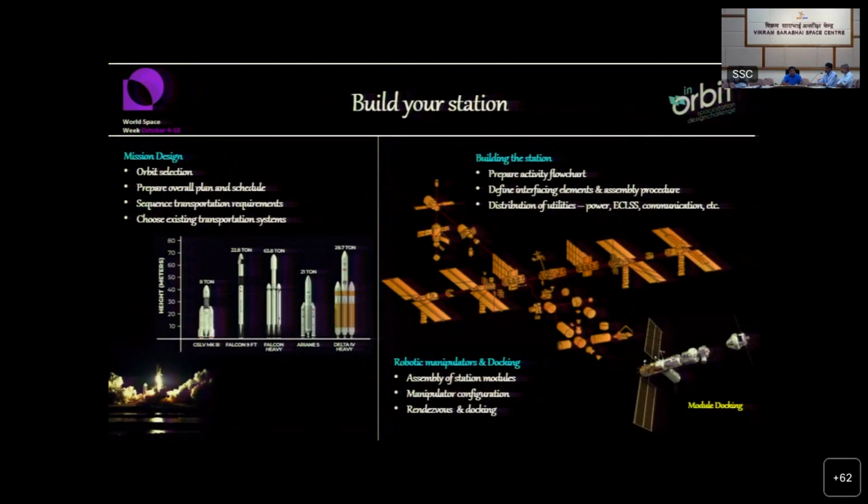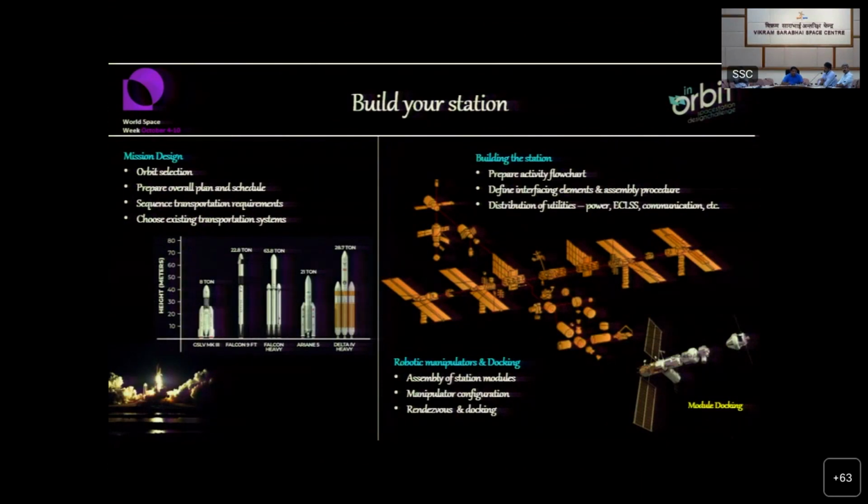Now, how you're planning to build your station. So you have a program, you have to build a space station, but then you have to define how you're planning to do it, in what sequence you want to do it. It all starts with the selection of the orbit, which orbit you want to go to.